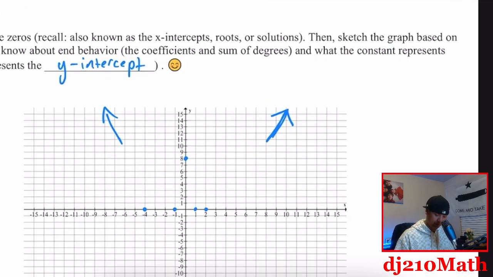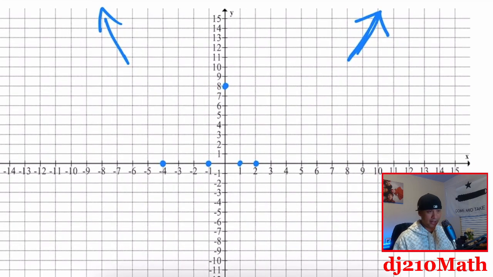So now, let's connect the dots. Again, not trying to be precise here, but it comes down, it's going to cross at negative 4. At some point, it's going to turn and come back up. I don't know how far down it goes, I'm just ballparking it. It's going to go up, cross at 8 for sure. That I know.